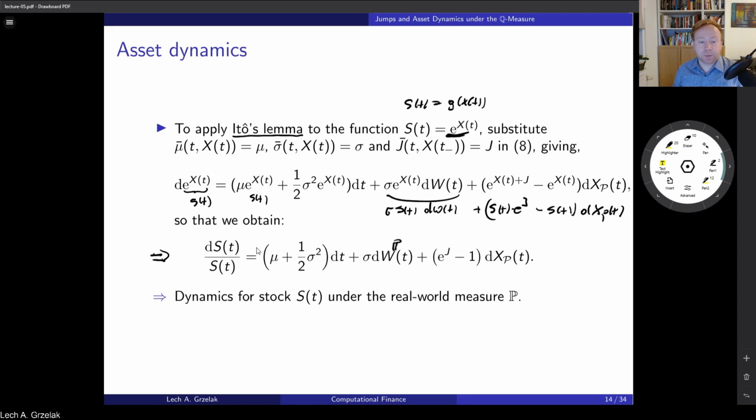This process is estimated based on some historical data. This mu component is not the one that we would get from interest rates. It is estimated based on some kind of econometric models, for example. So the next step is how, from this dynamics, to arrive at the dynamics under the Q measure.